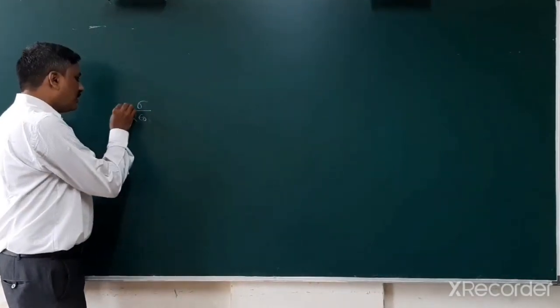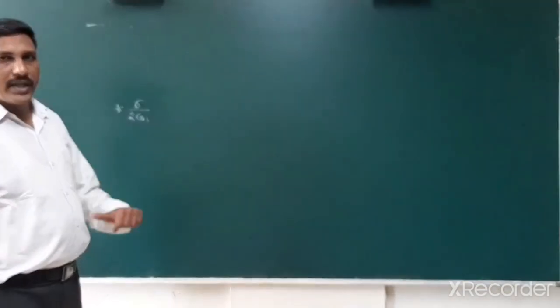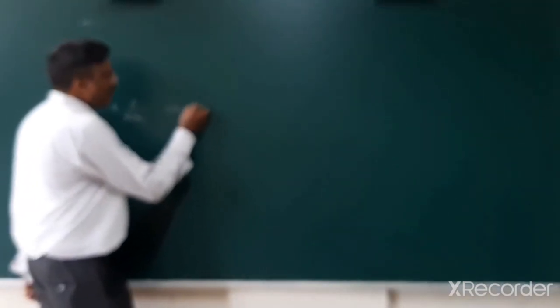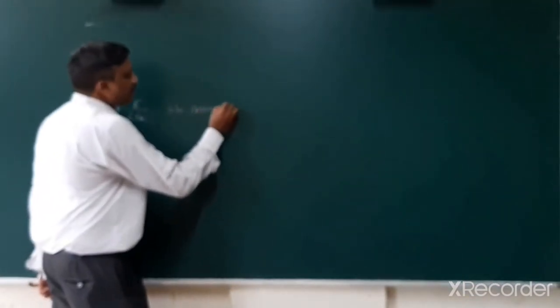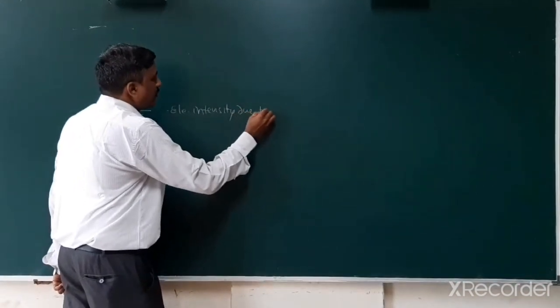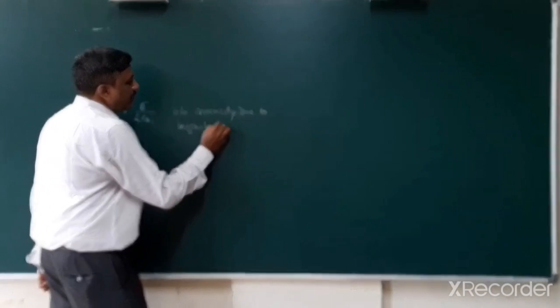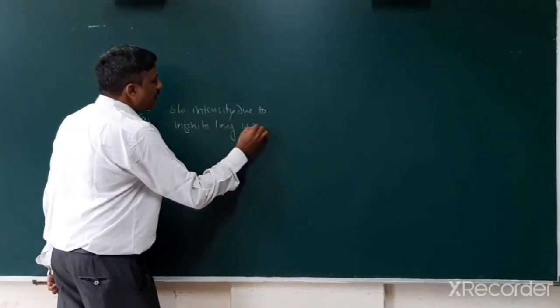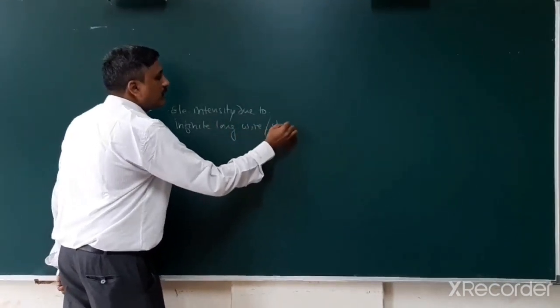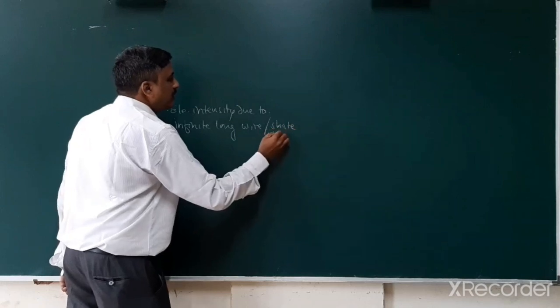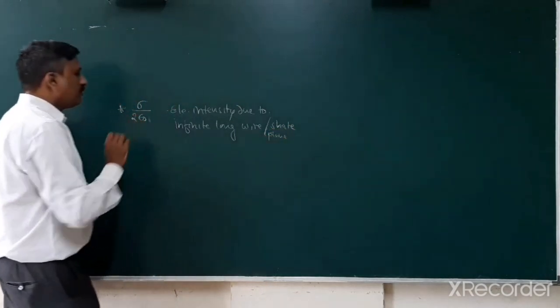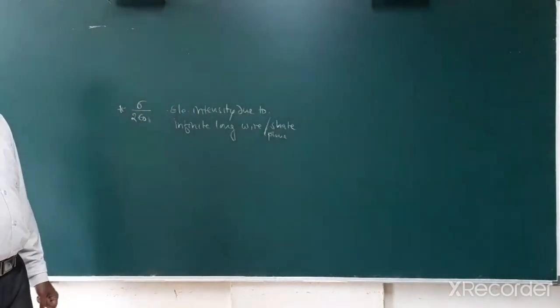This formula is useful to study the new article. This is the formula for electric intensity due to an infinite long wire or simply a plane sheet, given by sigma by 2 epsilon 0.